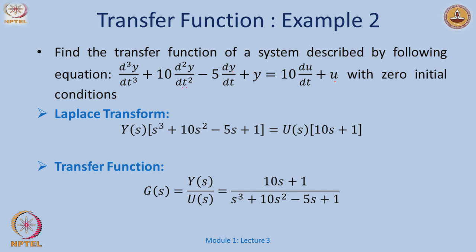I take the Laplace transform of the left hand side. So, Y(s), differentiating it 3 times will be an s cubed, differentiating twice will give me an s squared, differentiating once will give me an s, and so on. On the right hand side, I have du/dt plus u, which will just transform to 10s plus 1. So, once I have this, I can easily write down Y(s) over U(s).